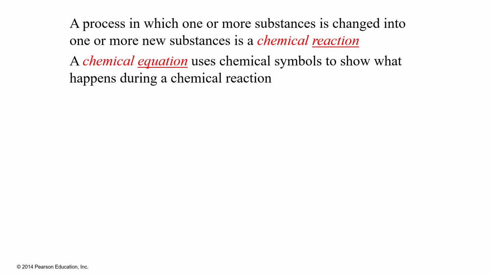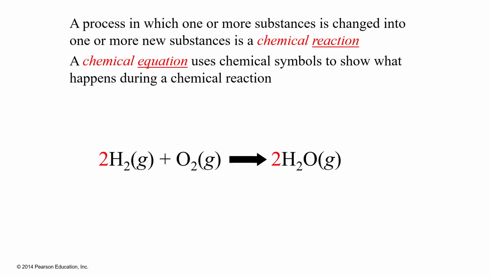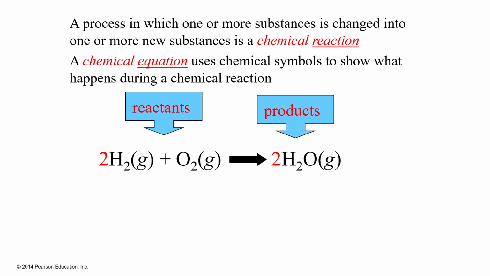A chemical equation uses chemical symbols to show what happens during a chemical reaction. So let's look at a sample chemical equation here. Of course, you notice the presence of that big arrow in between that we use to indicate that there's a process, that whatever is on the left is being changed into whatever is on the right. In a chemical equation, the substances on the left of that arrow are called reactants, and the substances on the right of the arrow are called products.